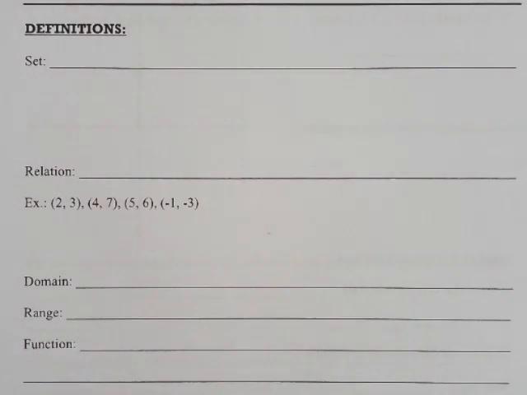All right. Today we're starting Unit 5-1, Relations and Functions. We are going to start with the definition of a set. What is a set? Remember we watched a video yesterday? Anybody?